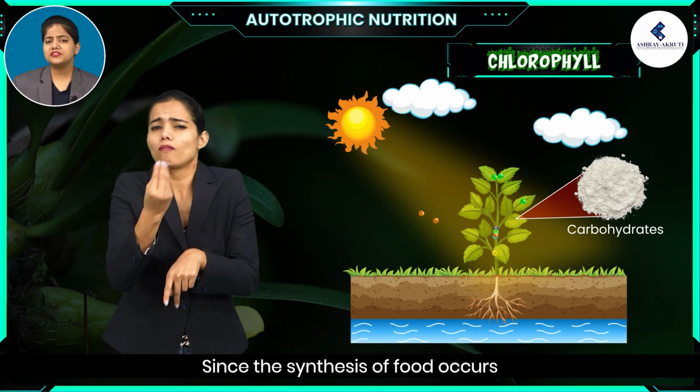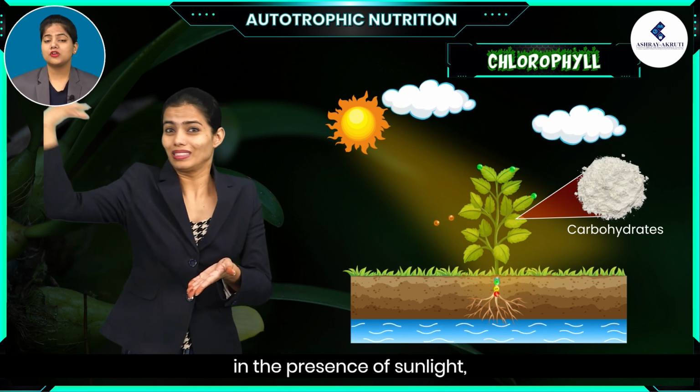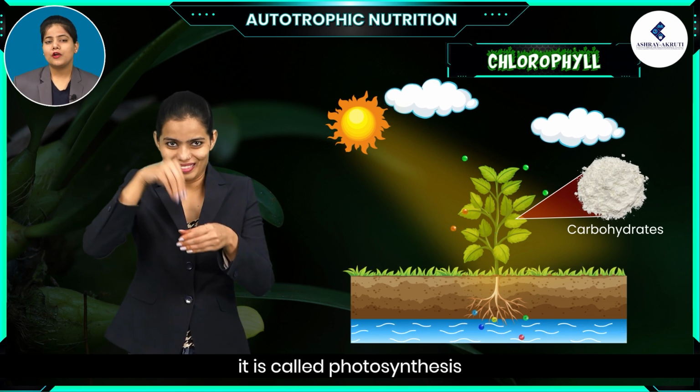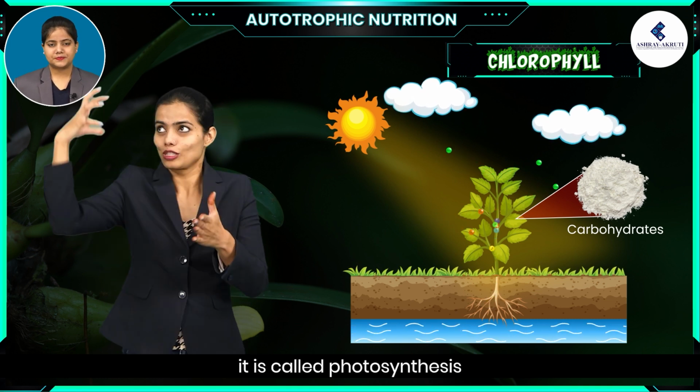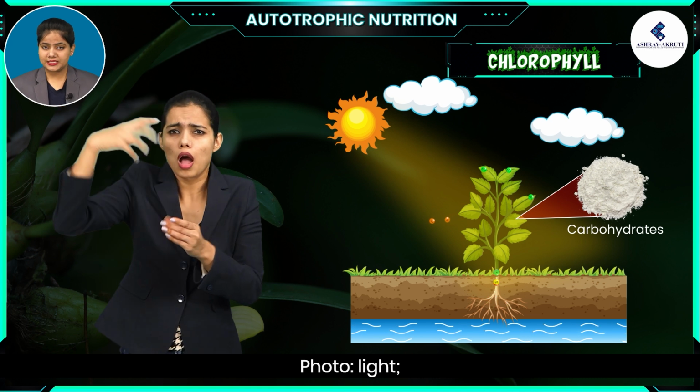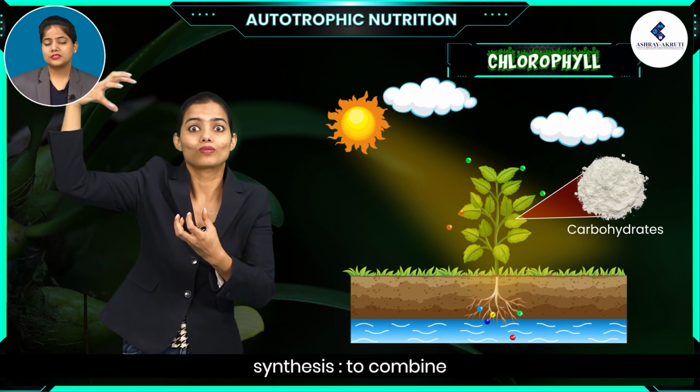Since the synthesis of food occurs in the presence of sunlight, it is called photosynthesis. Photo means light. Synthesis means to combine.